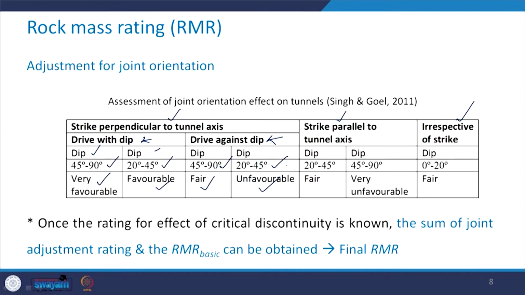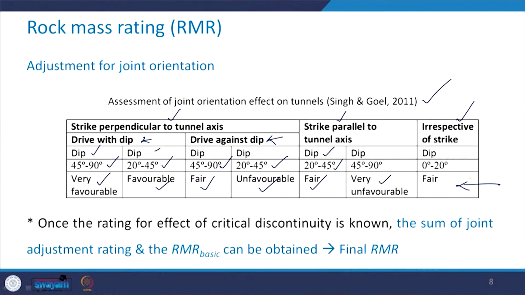Similarly, for case C, where the strike was parallel to the tunnel axis, if you have a dip between 20 to 45 degrees, it is fair, otherwise it is very unfavorable. So this table gives us the idea of how to decide whether the orientation of the joints is favorable, very favorable, fair or unfavorable for driving the tunnel.